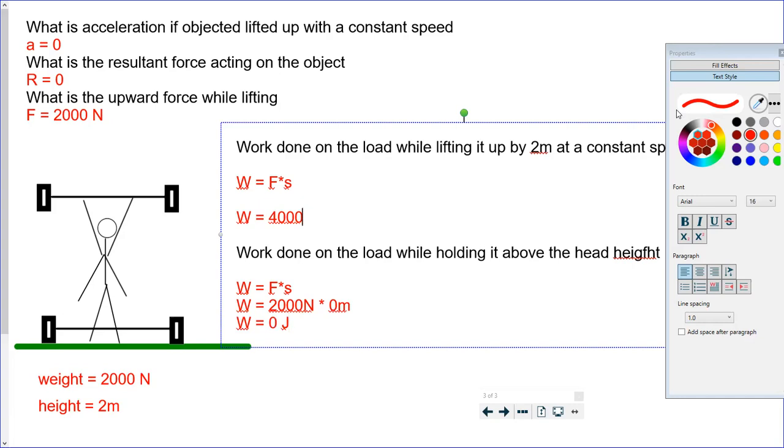So the next thing which we are going to practice is work done on the load while holding it above the head height and moving 20 meter to the right at constant speed.